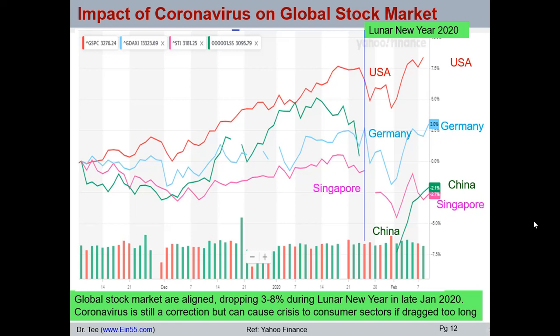But those corrections may not be a good buy yet if the current crisis has a longer term impact. So that's why it depends on the individual business.